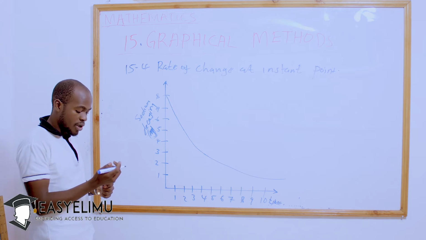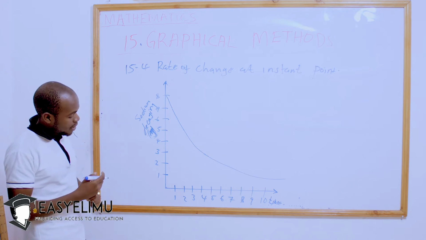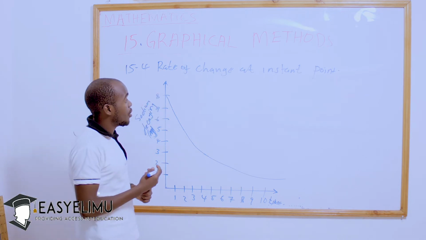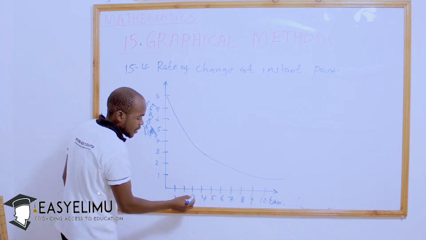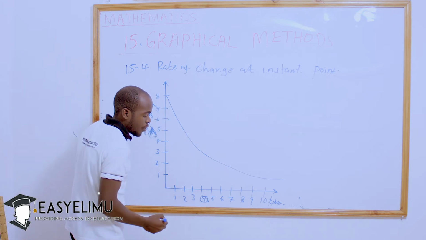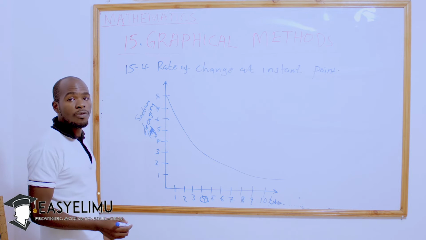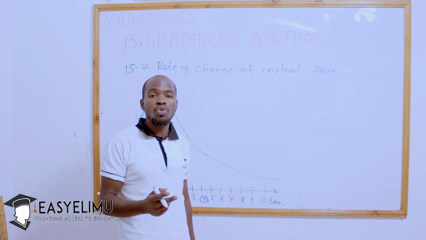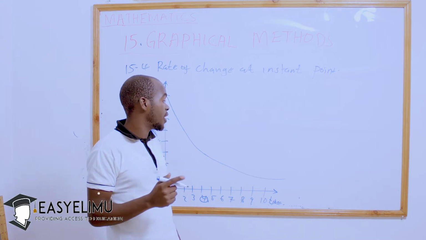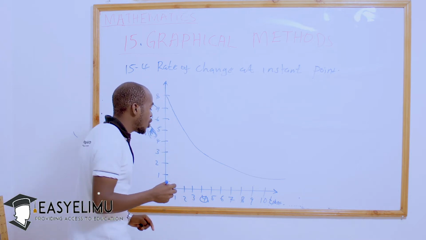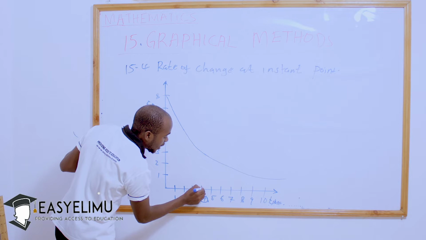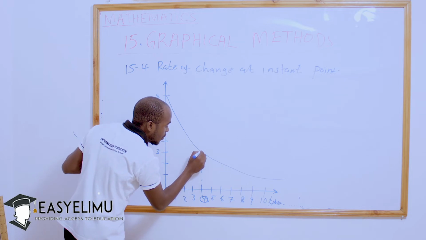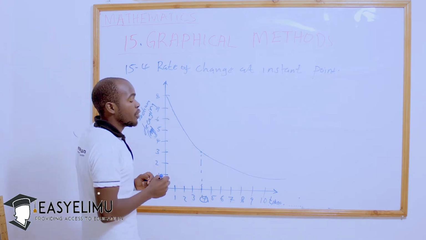So you may be told, find the rate of change at t equals 4. So at t equals 4, that is an instant point. There are no 2 points. If there were 2, we could find the average rate of change. But here, because it is only 1, we shall find the rate of change at that only 1 point, 4.